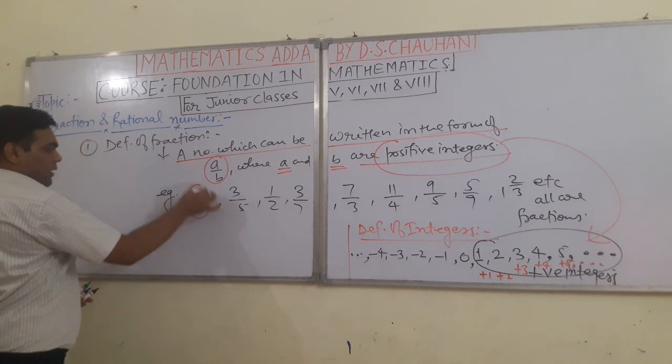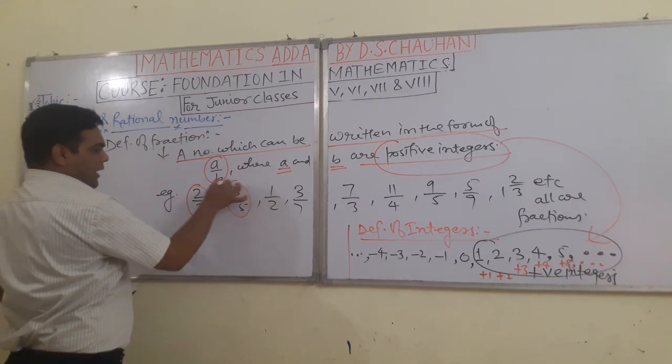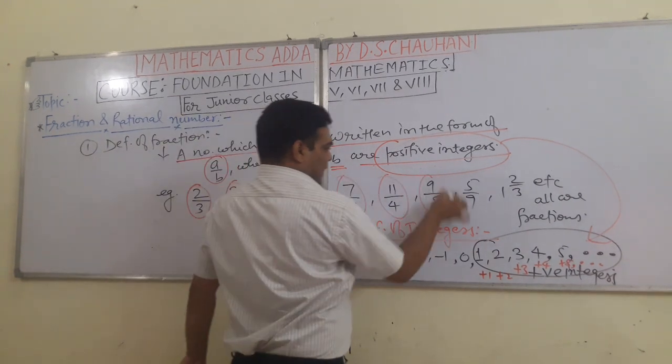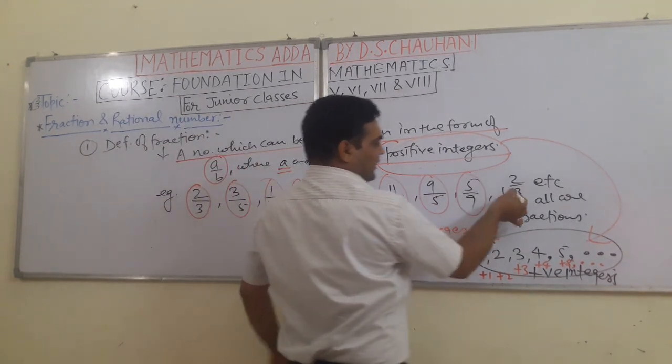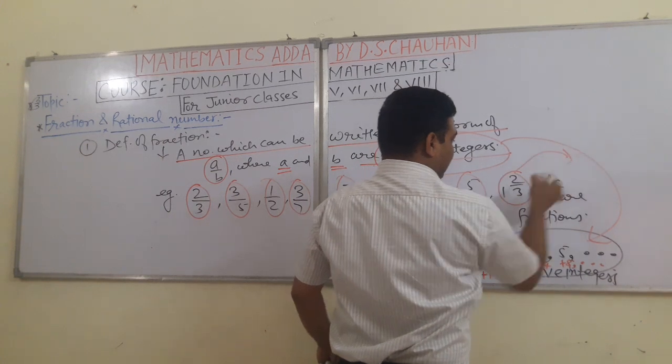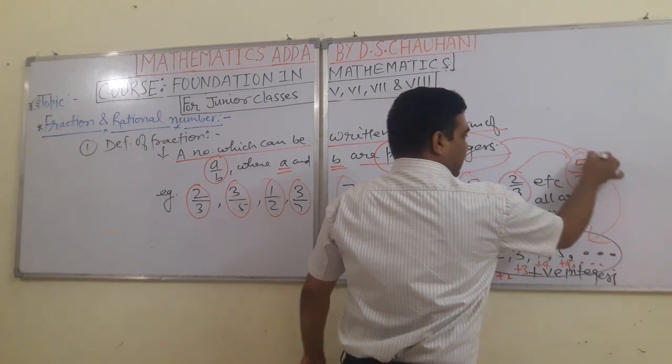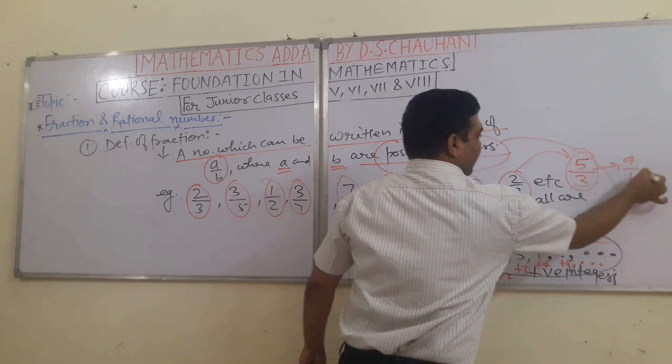See, all these numbers are in the form of a by b. Everywhere you can check it. Here 1 whole 2 by 3 can be written as 3 times 1 is 3, plus 2, 5 by 3. This is also of the form a by b.